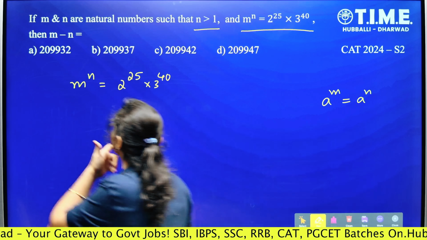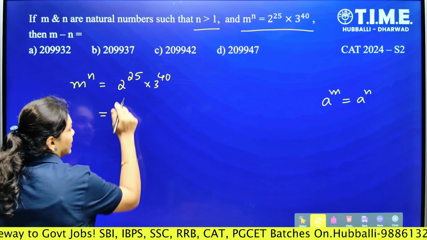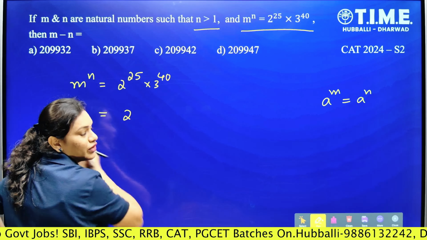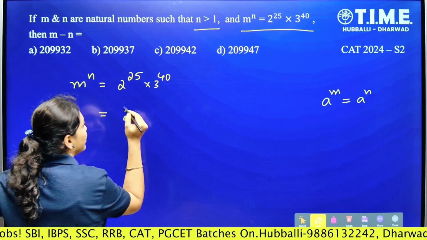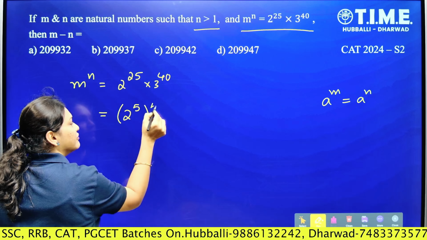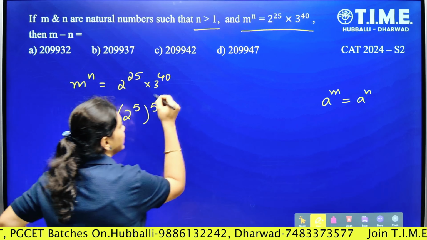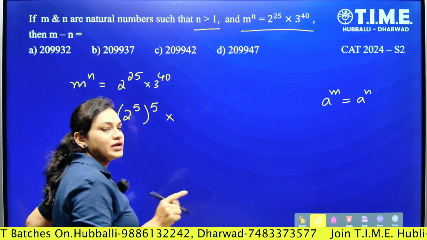Since it is a multiple of 5, is it okay to write it this way? 2 raised to 25, 25 we can write as 5 fives, so I write the 5 inside and 5 outside the bracket. Similarly, 3 raised to 40, again 40 is a multiple of 5.